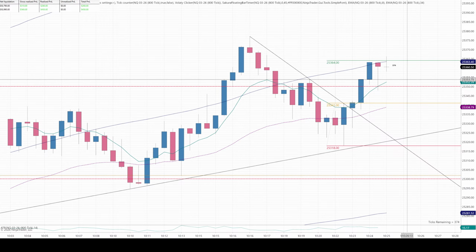But it's having a really hard time closing above the standard deviation level.